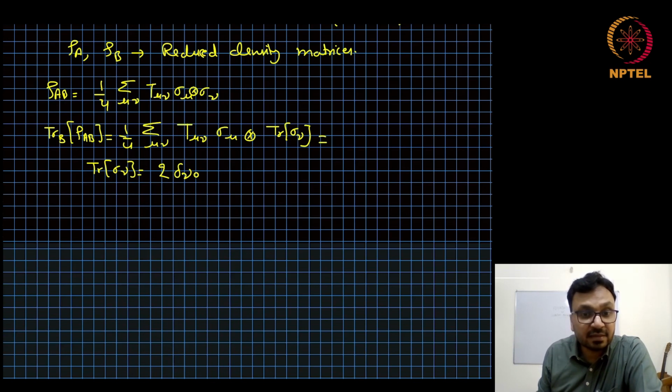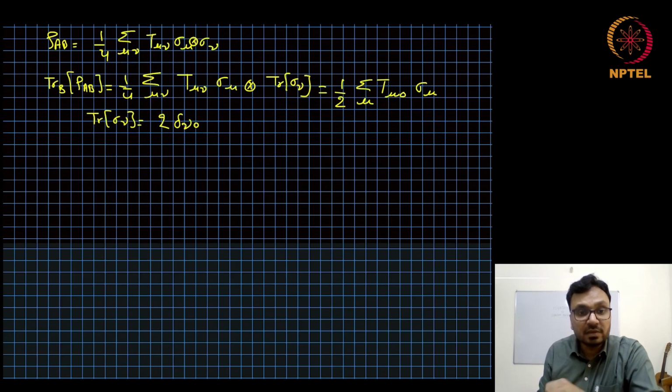Then we can take the sum over nu, and wherever we have nu equals 0, that survives and everything else goes to 0. The factor 2 cancels, so we get 1 over 2, sum over mu, T mu 0, sigma mu. Now, let us compare it with the Bloch representation. T00 is 1.